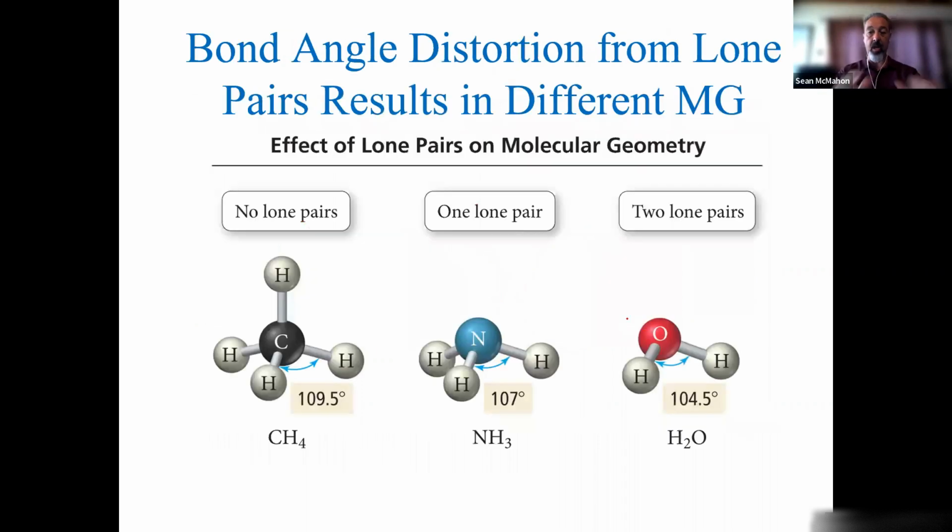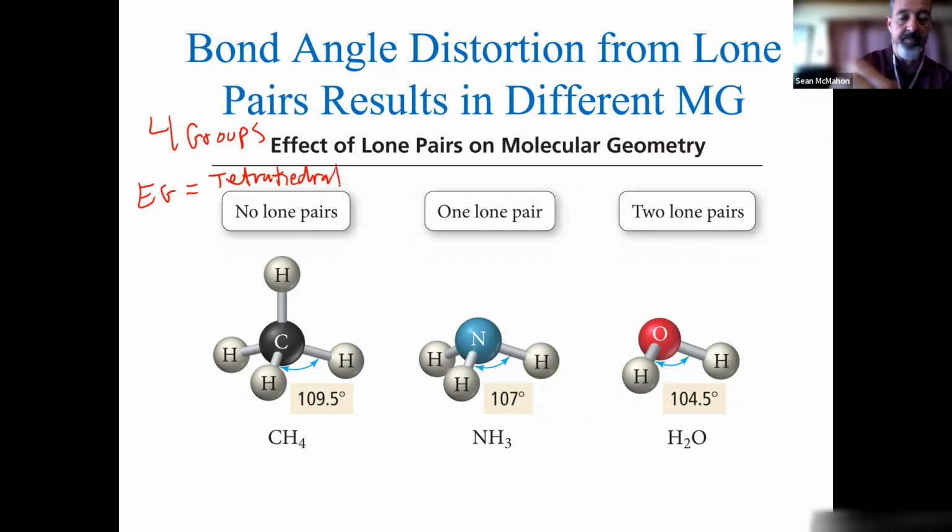So what do I mean? Well, we'll look at the electron group geometry tetrahedral. What do I mean by tetrahedral? I have 4 groups, 4 electron groups. So my electron geometry is tetrahedral. If I have all 4 as atoms, then they're spread out and the angle is 109.5.